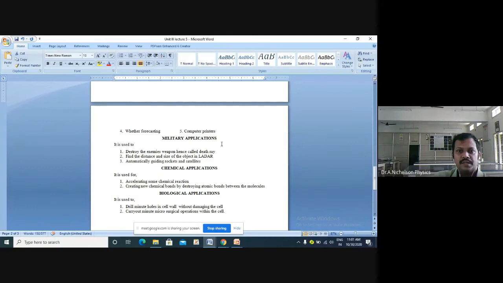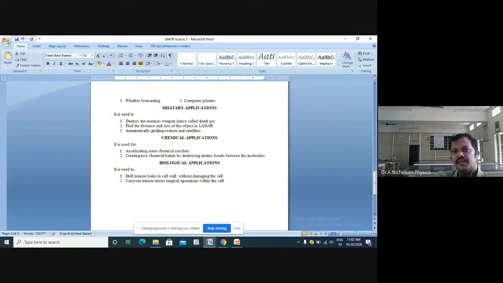Then in military applications, in some movies, I think you have heard, if they use the laser gun, it just vaporizes the enemies without even leaving some ash of those enemies.